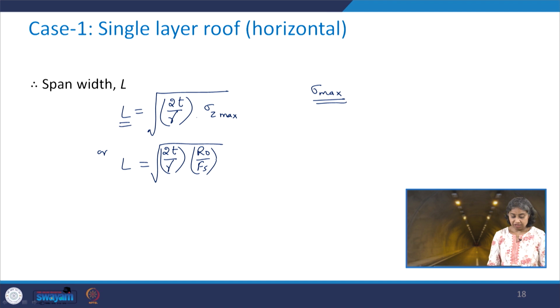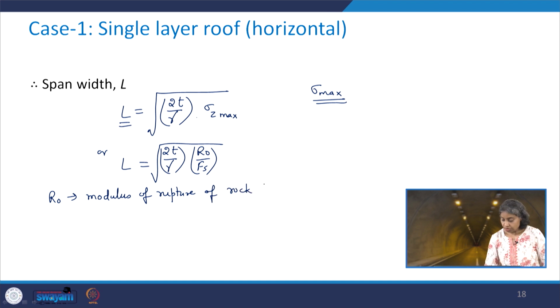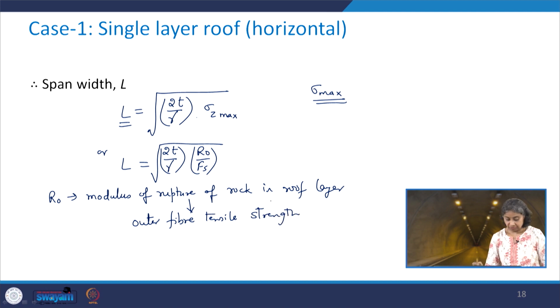Fs is the factor of safety and R naught is the modulus of rupture of the rock in the roof layer. This is given by the outer fiber tensile strength. And of course, factor of safety is represented by Fs.